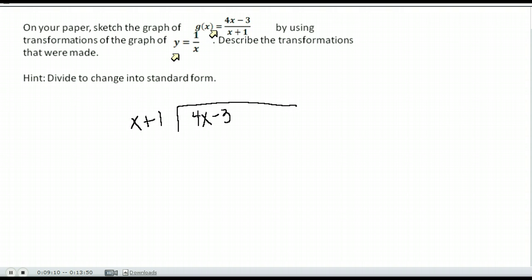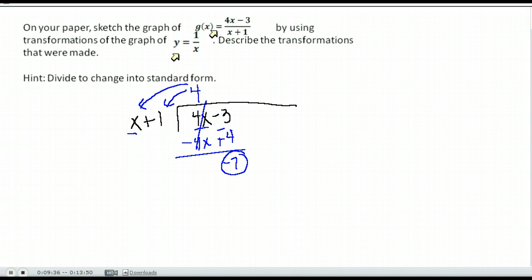Now we say, okay, what do we have to do to get x equal 4x? We would have to multiply by 4. And then we multiply 4x plus 4, draw a line and change our signs. -3 and -4 gives us a -7 down here. Now x is not going to divide anymore, so this is our remainder.